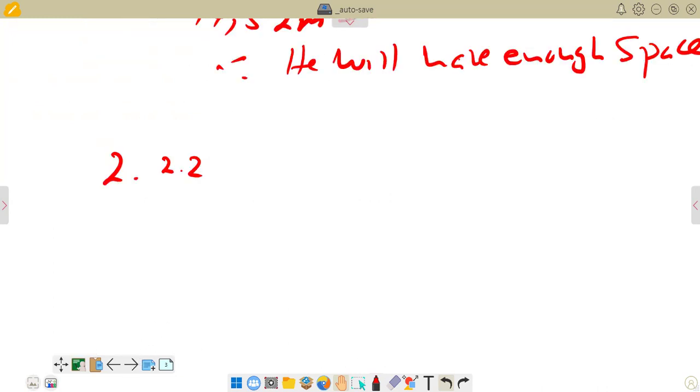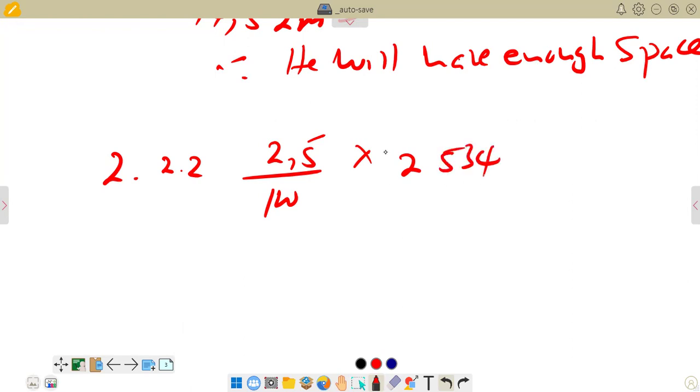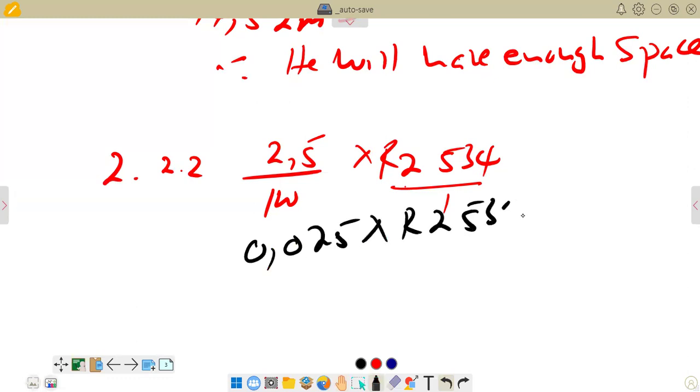So we come here. First of all, let's calculate 2.5%, which is 2.5 over 100, and then we multiply it by the figure that we are given there. The amount is 2,534 rands. So we calculate it as such. Basically, we can simplify it as a decimal, 0.025 times 2,534.